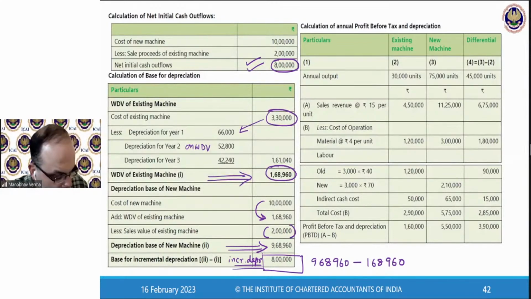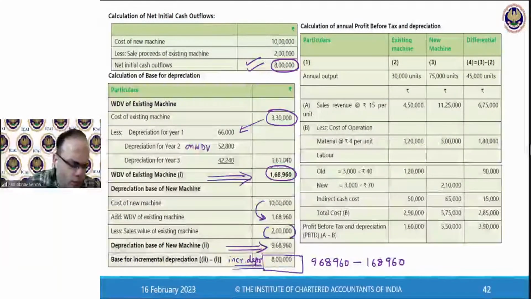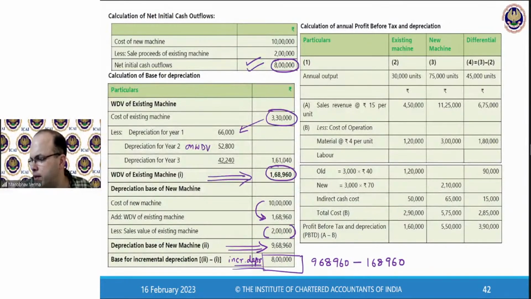Okay. Geet says WDV of existing machinery is opportunity cost. Geet, I would restate it this way: you should just focus on what is changing, right? If this was not happening, you would have charged the depreciation on 1,68,960.